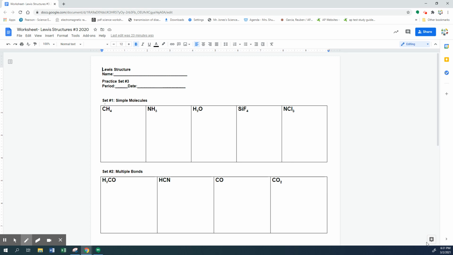So, our first one is CH4. For carbon, we have 4 electrons. For hydrogen, we have 1 electron times 4. So a total of 8 electrons or 4 pairs. If carbon is present, carbon goes in the center.